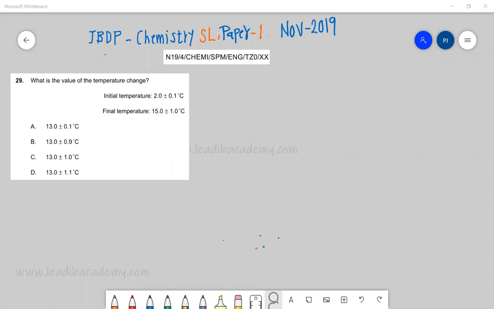Question number 29: what is the value of the temperature change?